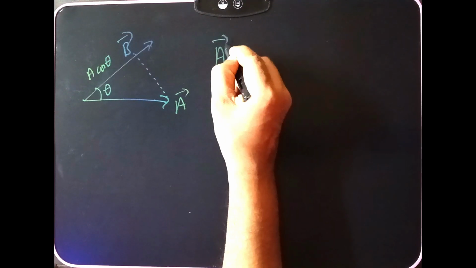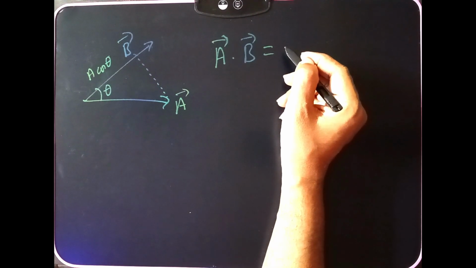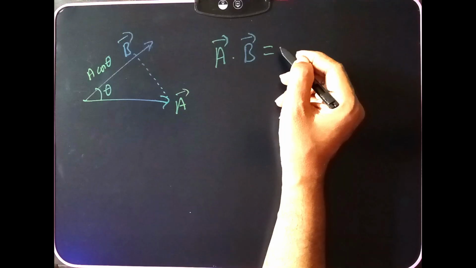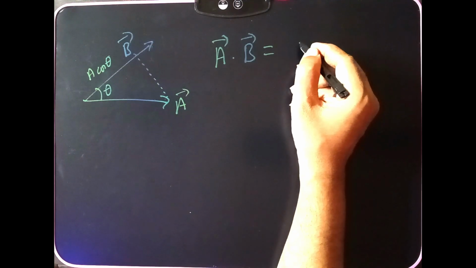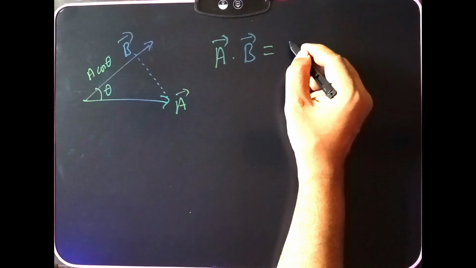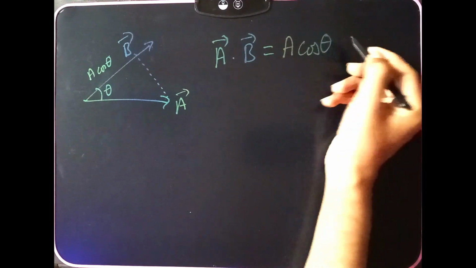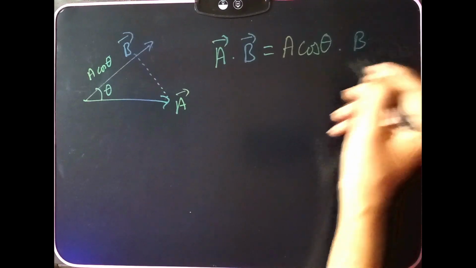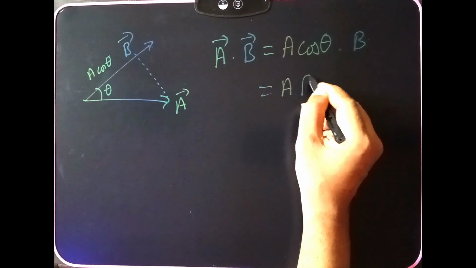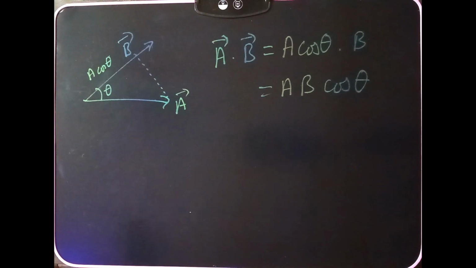So A dot B will become equal to the component of A parallel to B, right? Component of A parallel to B. So we can write it as A cos theta B. So we can write this as A B cos theta. So either way we have the same result.